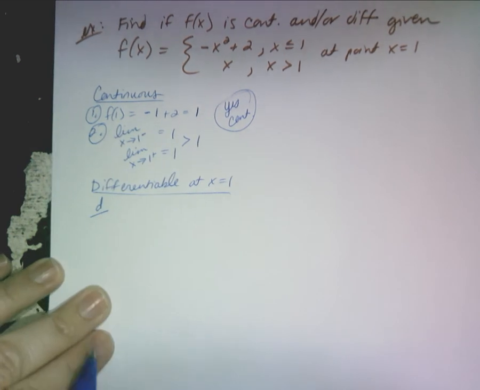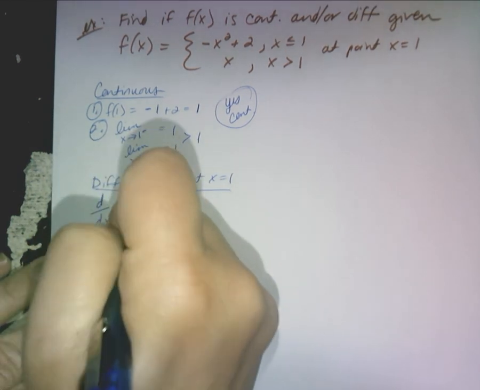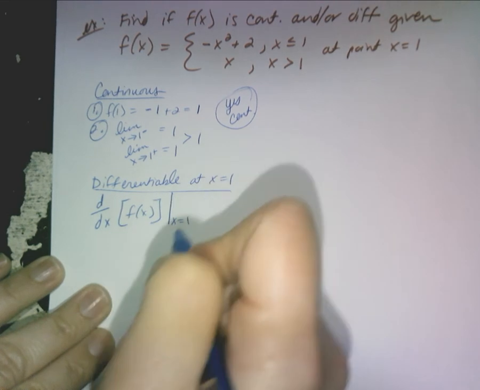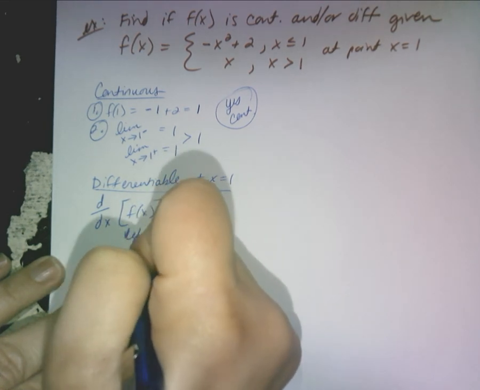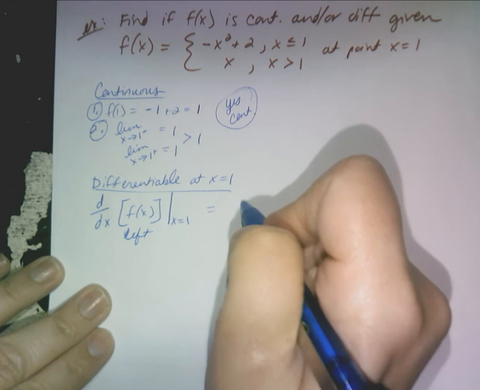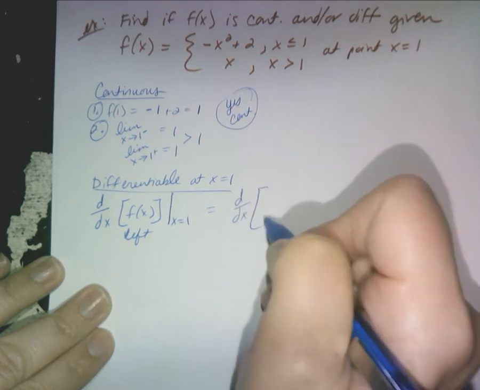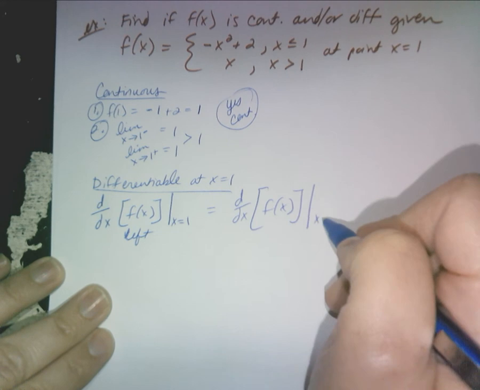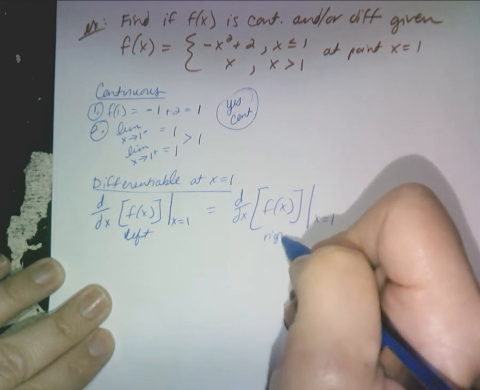The algebraic way of writing that would be the d dx of the function f of x evaluated at x equals 1 for the left. Is that the same as the d dx of f of x evaluated at x equals 1 for the right?